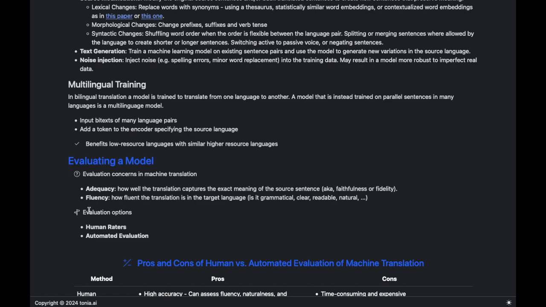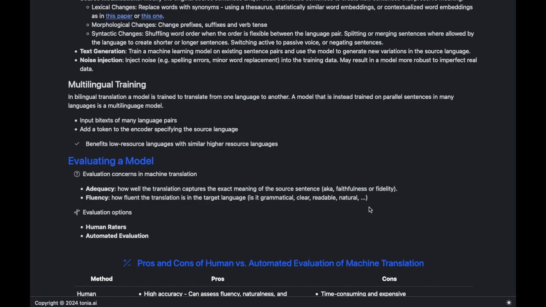Another concern that we have for evaluating is fluency. So how fluent is the translation in the target language? And so that goes back to the accuracy of the grammatical structure of the language. Is the translation clear? Is it readable? Does it come across as natural?